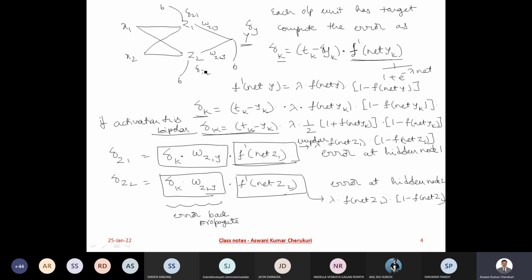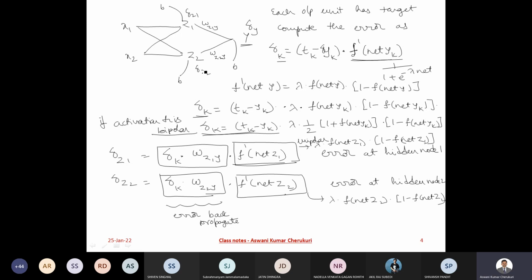Now the point is the errors are calculated, and if you closely observe, when you are calculating the error at the output layer, you have the parameter called t.